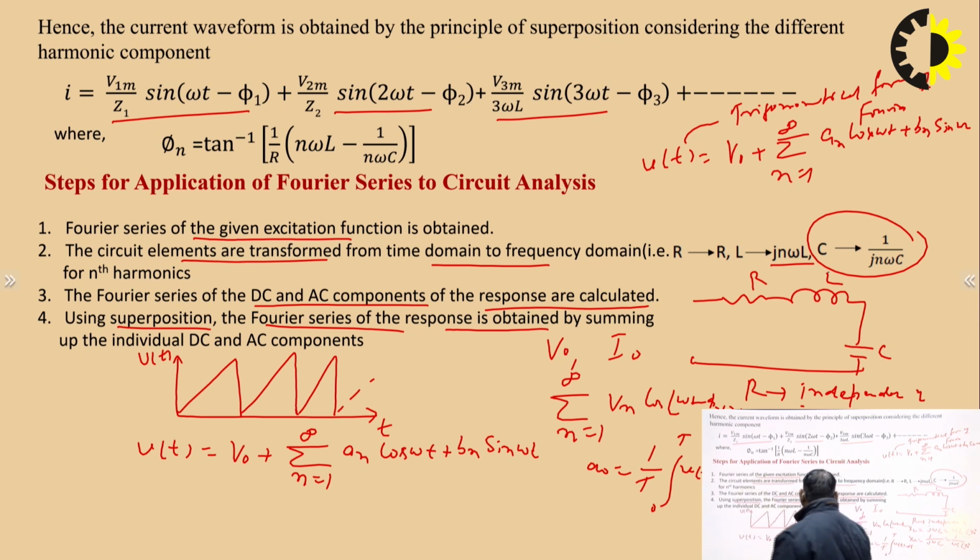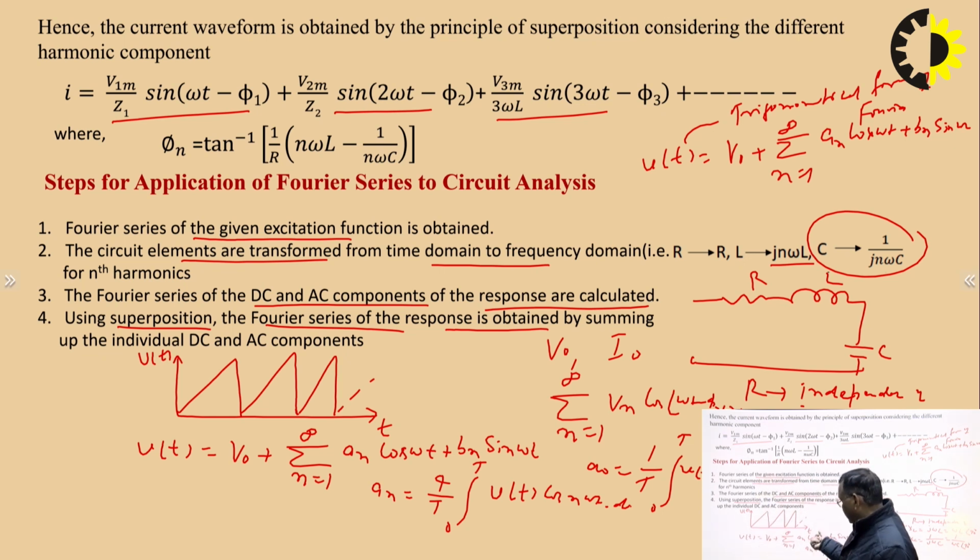So this we can calculate as V0, and we can calculate an as 2 by T, integral from 0 to T of V(t) cos n omega t dt, and bn as 2 by T, integral of V(t) sin n omega t dt.